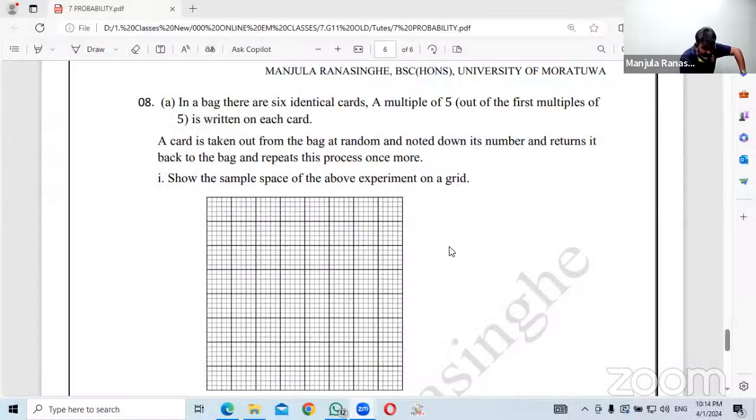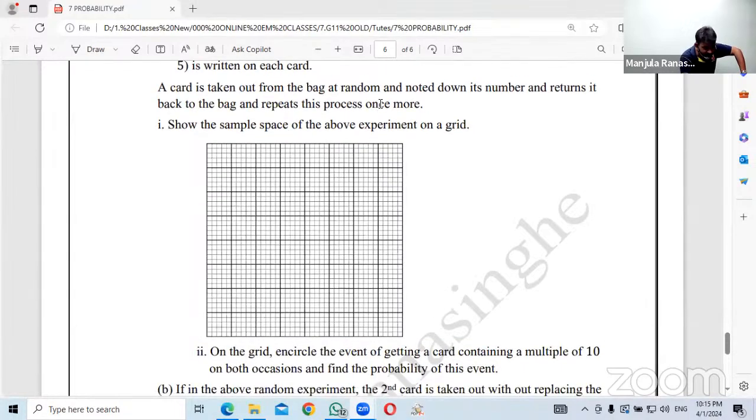In the bag there are 6 identical cards. A multiple of 5, out of the first multiples of 5, is written on each card. A card is taken out from the bag at random, its number is noted down and it is returned to the bag, and this process is repeated once more.